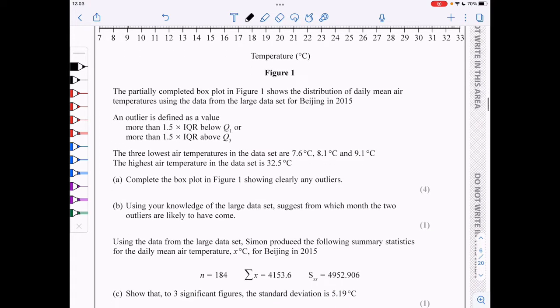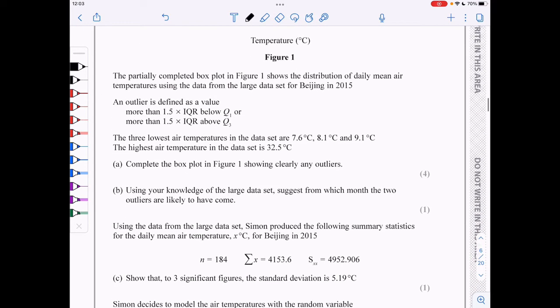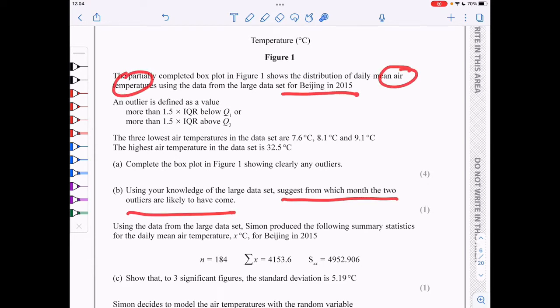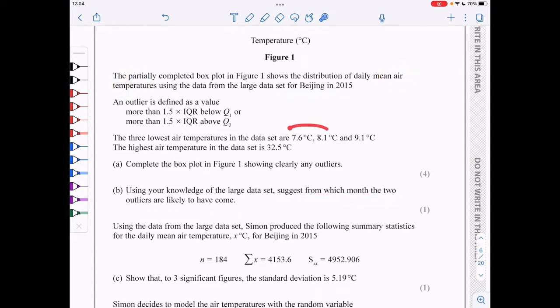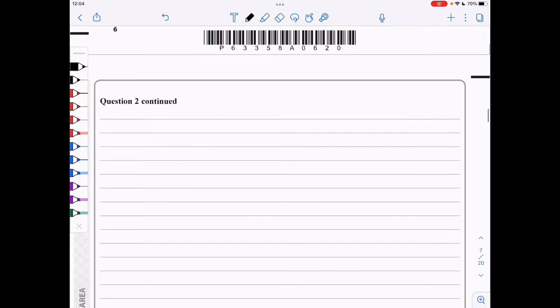That was part A. Part B, using your knowledge of the large dataset, suggest from which month the two outliers are likely to have come, where we're looking at air temperatures in Beijing in 2015. Notice that the two outliers are particularly low temperatures. I'm just gonna state this, so particularly low temperatures.